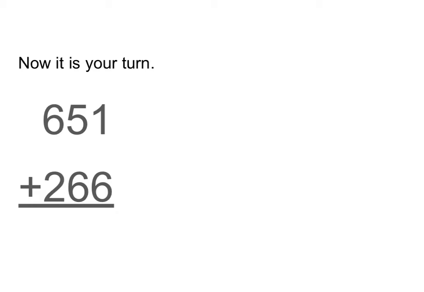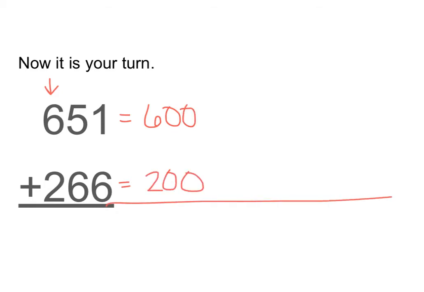651 plus 266. Look at the hundreds. We know that 600 plus 200 equals 800. But look in the tens column. Notice 50's partner is 50, so we know we made another 100. Look at the ones. 6 plus 1 is 7.